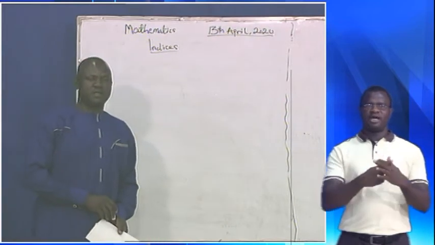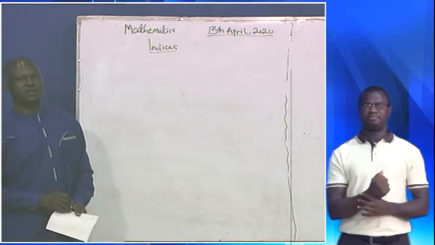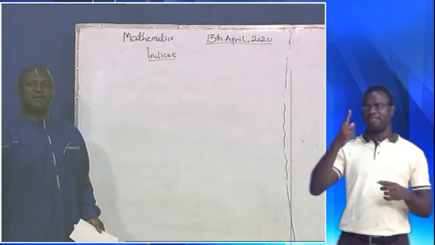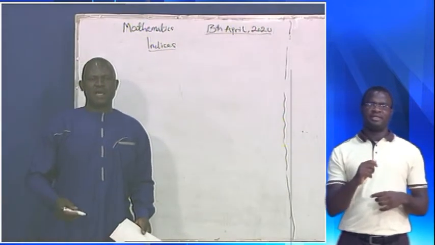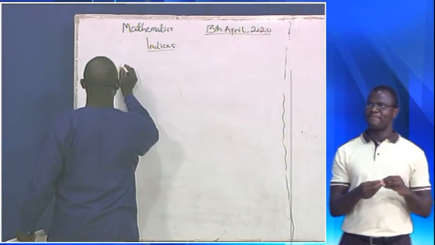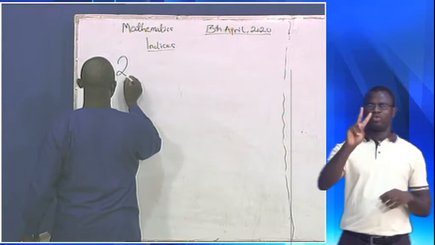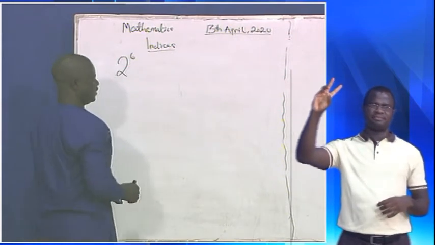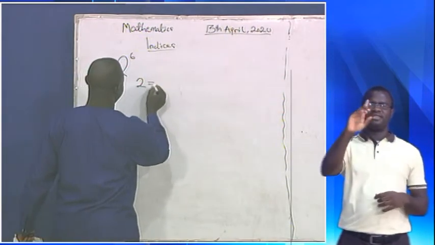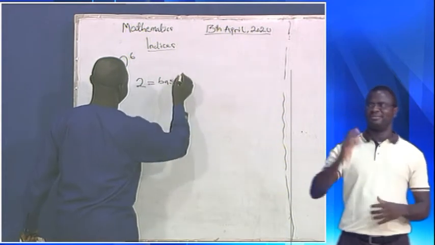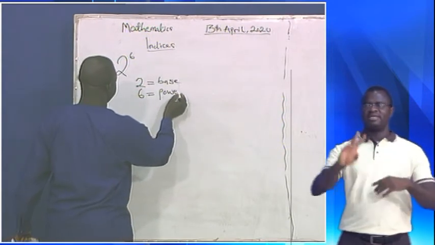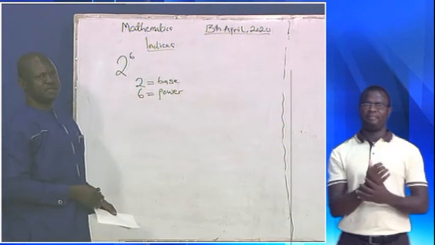And before going into the law, there is one basic tool I want us to understand. In indices, we say a particular number is used to multiply itself several times. Here, if we have a number of this form, maybe 2 raised to power 6, in this example, 2 is called the base, while 6 is called the power or the exponent, as the case may be.